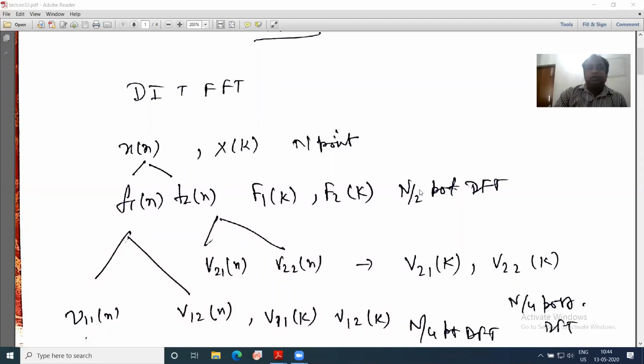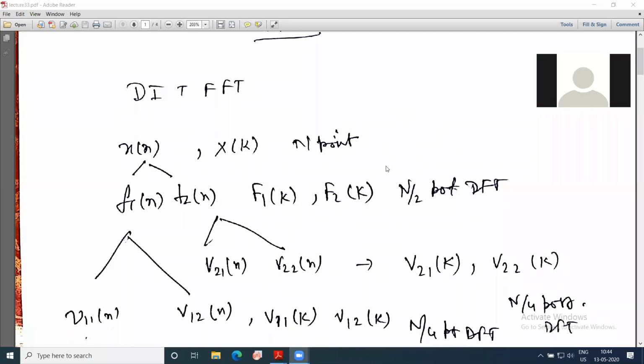Okay, so today we will start the DIF FFT algorithm. Before that, I would like to discuss a few things about what essentially we are going to do.